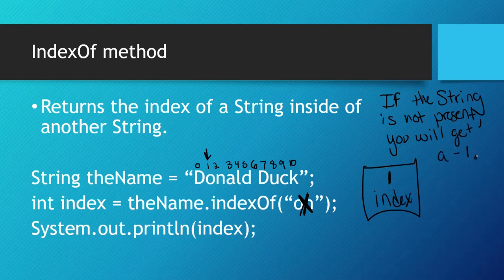So if I said name.indexOf("x"), I would return a -1 to index. Index would have a -1 in it. So -1 is Java's way of saying, I couldn't find it, so here's a value anyway. They can't return 0 because that would mean it's the first letter. So they return a -1, something that doesn't make sense for indices.